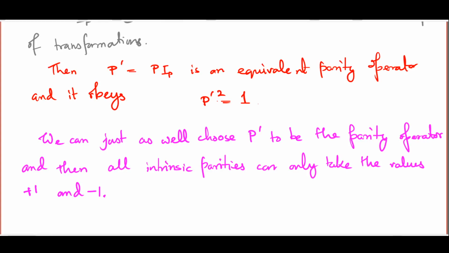At this point, I must confess that I was slightly confused between the two different redefinitions of P that Weinberg talks about and the ones I have just explained to you.